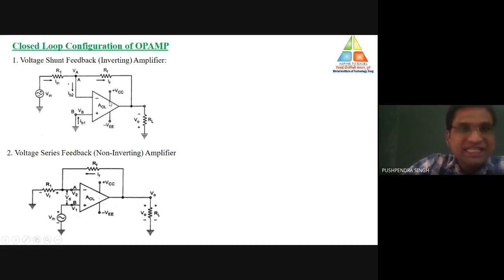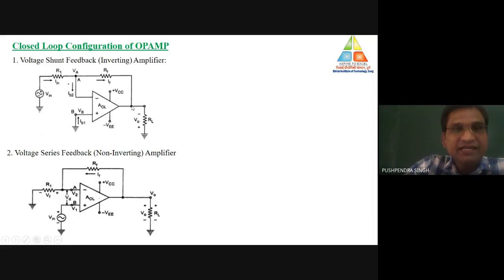Why is it voltage shunt? Because in the case of the inverting terminal of the op-amp, we give the input signal to the negative terminal, and that is called an inverting amplifier.